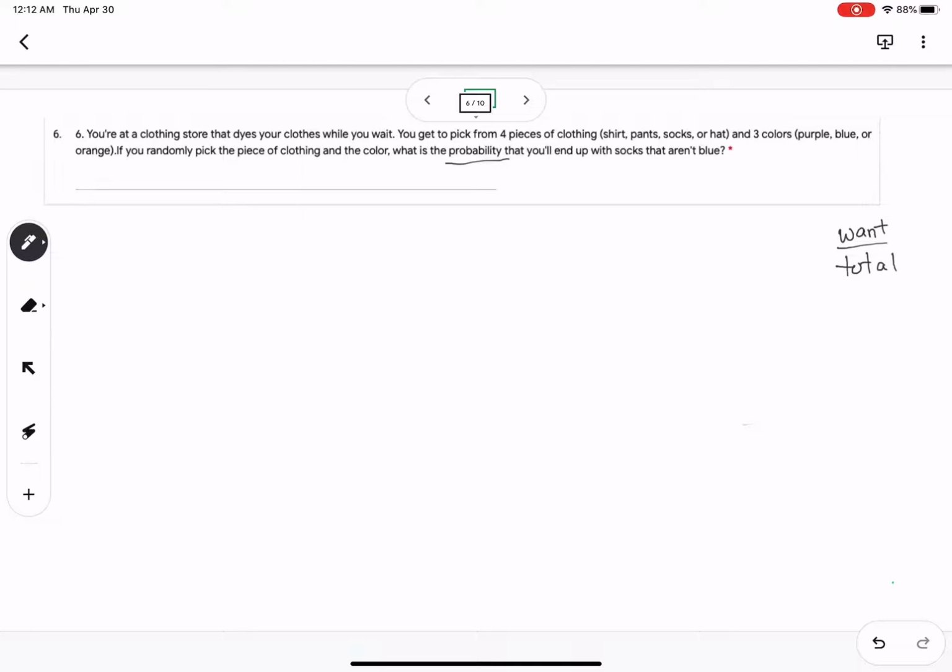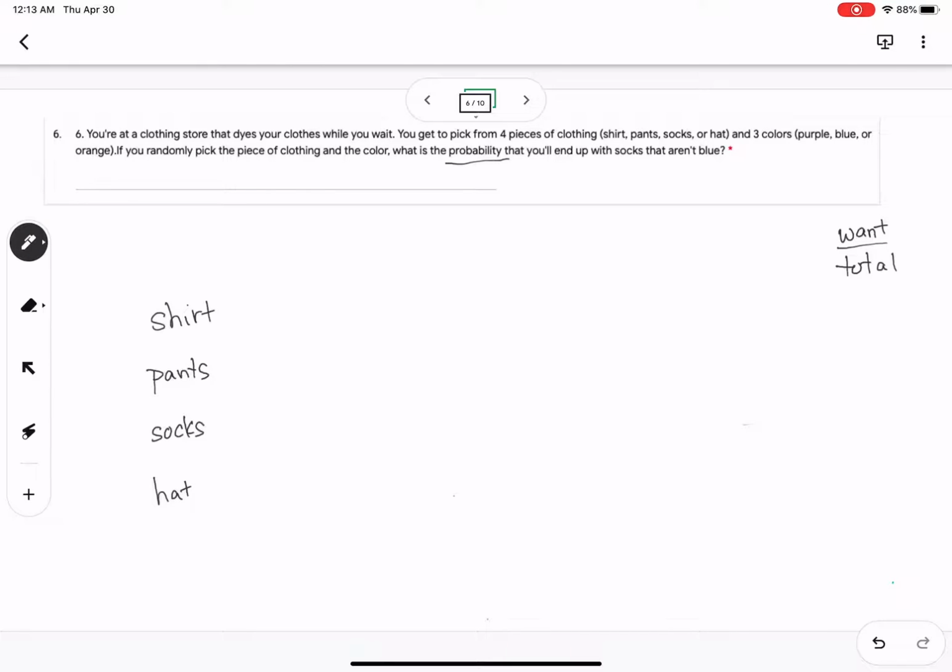So let's just look at all the different possibilities. I really like doing the grid, so I'm going to do the grid again. So the clothes he could get, okay, 4 pieces of clothing, he could get a shirt, pants, socks, or a hat. Okay, those are the different pieces of clothing. Now let's look at the colors.